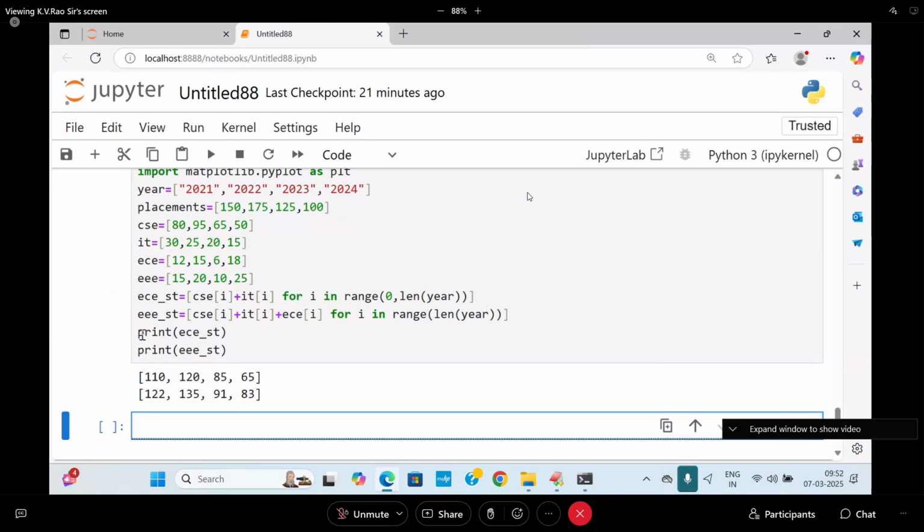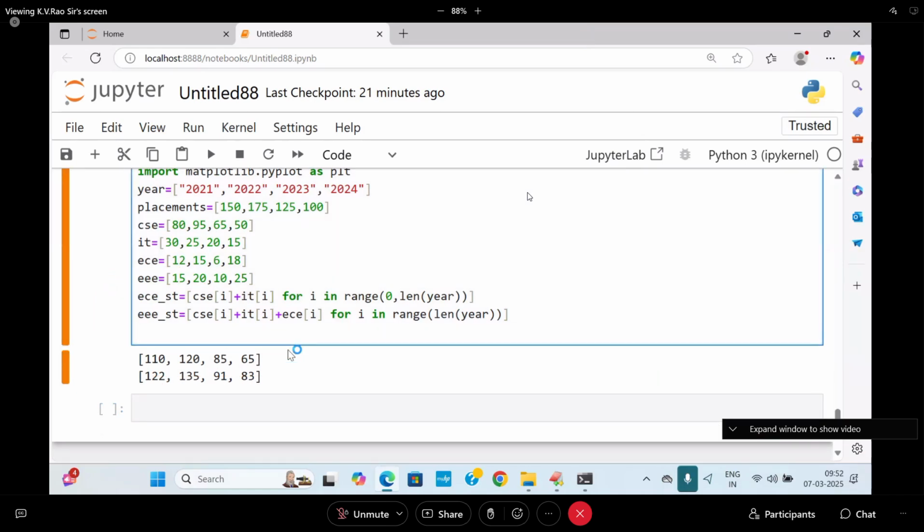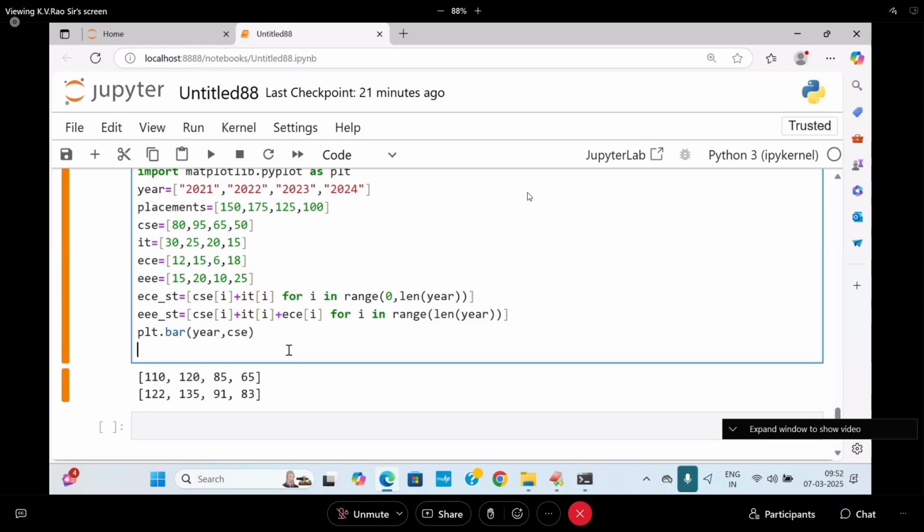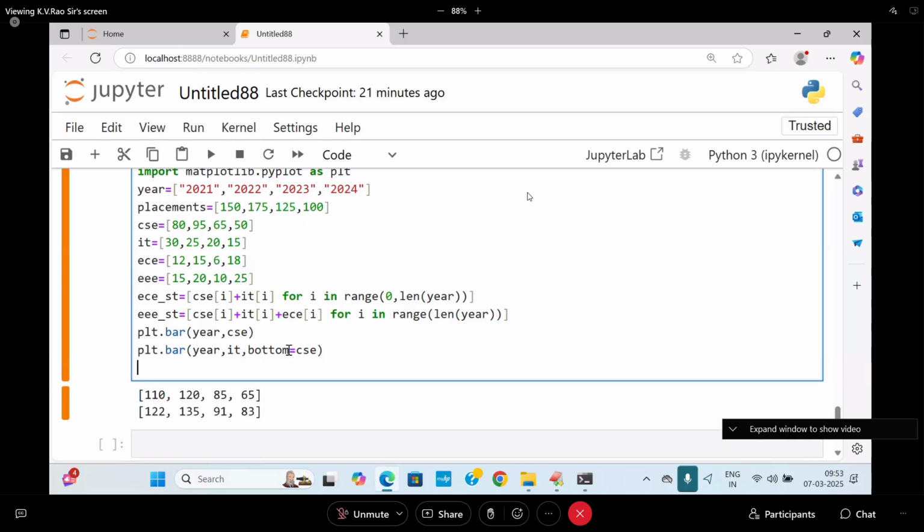So I need to move further. Tell me what to do next. Draw the bars. How to draw the bars? plt dot bar of year comma CSE. Then plt dot bar of year comma IT, bottom of CSE. That is, IT is coming on top of CSE.